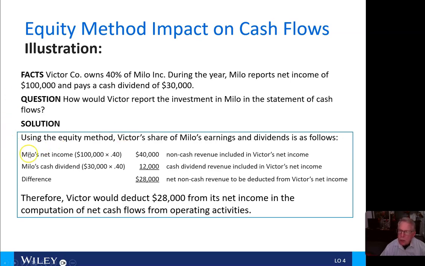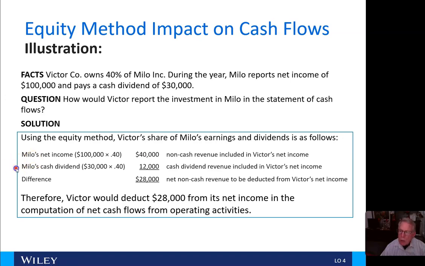Well, the solution, using the equity method, Victor's share of Milo's earnings and dividends are as follows. Here's Milo's net income. So we take 40% of that. That's $40,000. That's non-cash revenue included in Victor's net income.